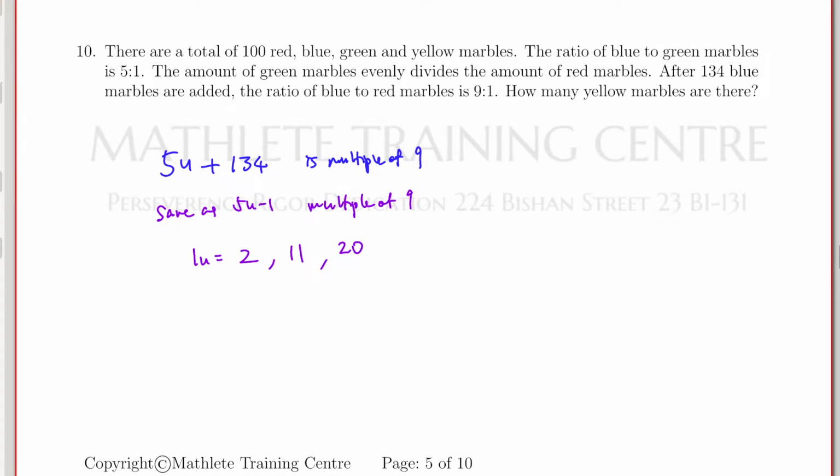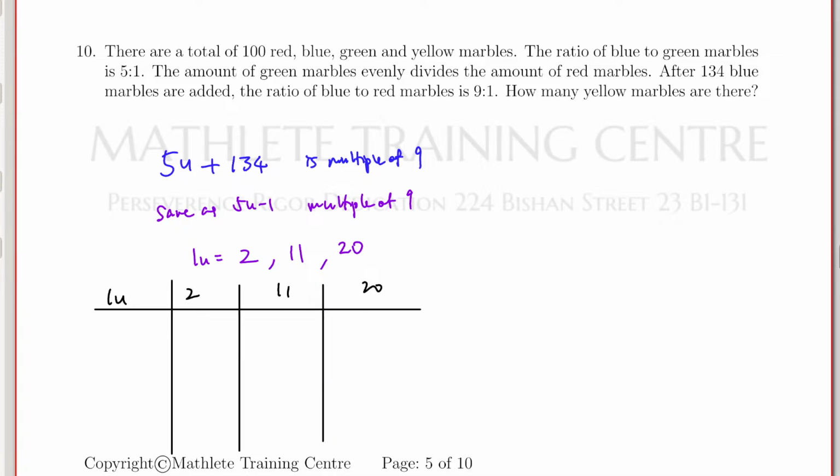Okay, so let's count. In the case where 1 unit is 2, 11, or 20, let's draw a table. In the first case, if 1 unit is equal to 2, then green is 2, right?